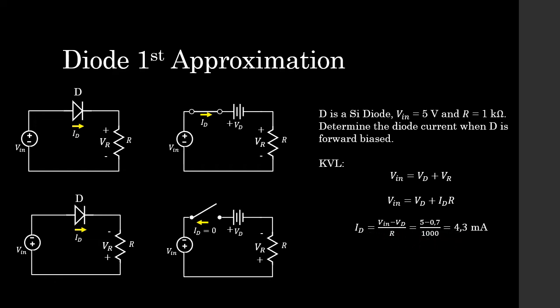Easy peasy, guys. You should have done quite a bit of this in your circuits course, and that is the diode first approximation. Now, the thing about the diode first approximation is, yes, it's a bit more accurate than the ideal diode model, but it's not as accurate as it can be.